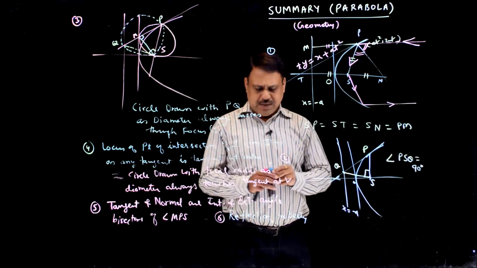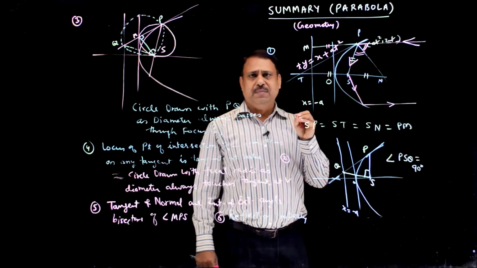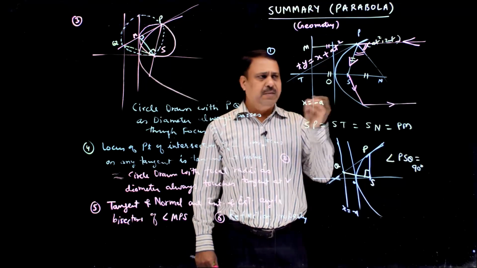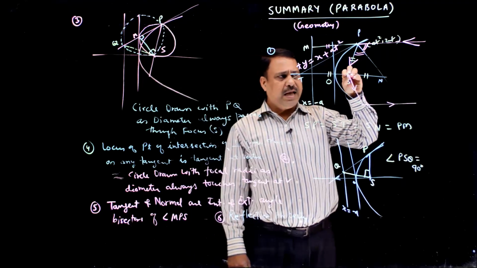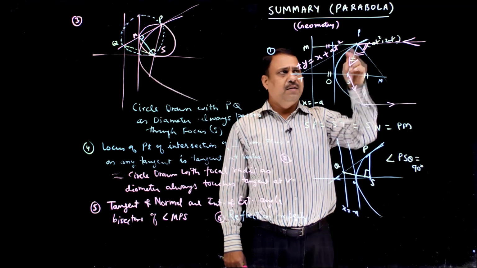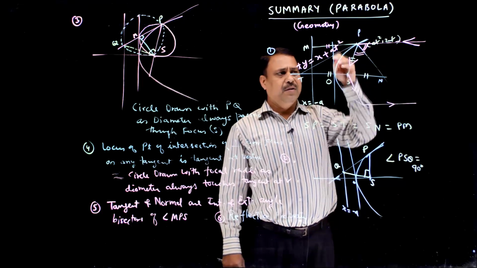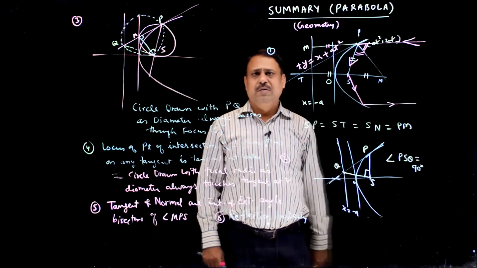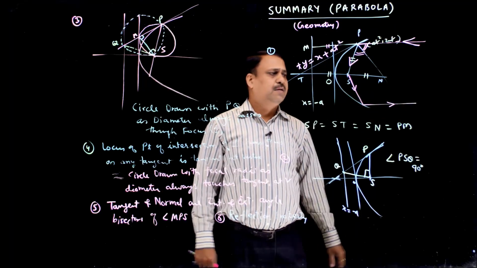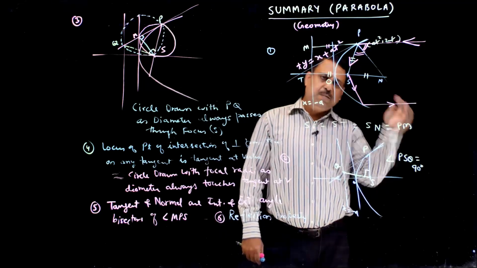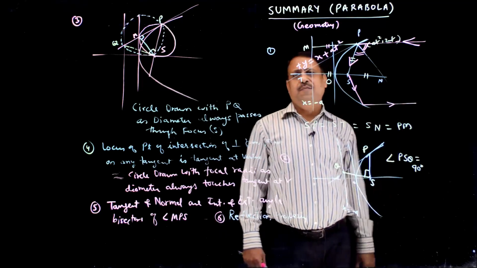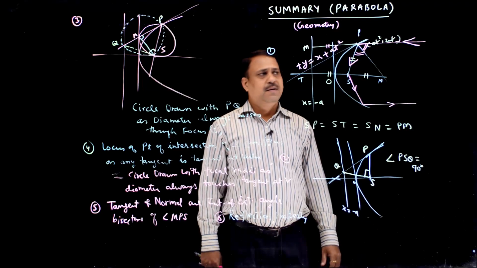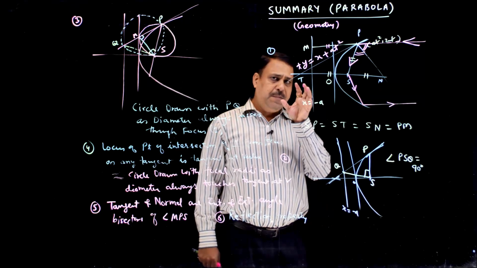If you have seen the headlights of motor vehicles, car, truck, jeep, anything, a light source is kept at the focus. This is a reflecting mirror, parabolic. So after reflection, the beam becomes parallel, giving long distance beams. A reverse process is used in the case of TV antennas. There we keep a receptor.